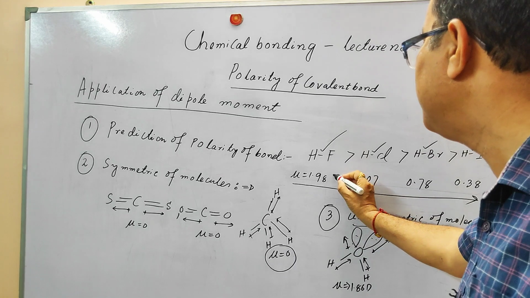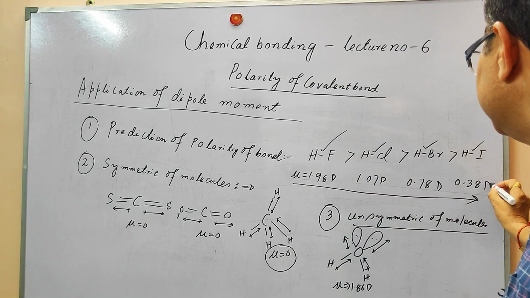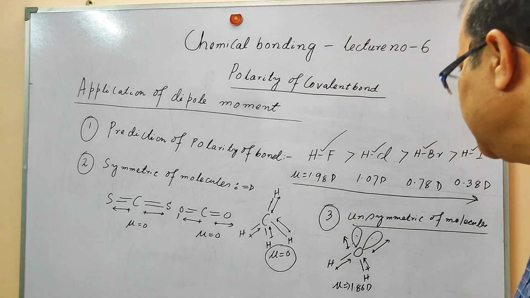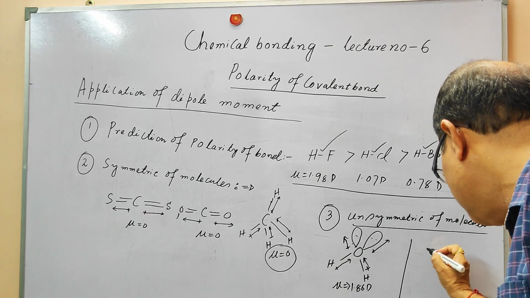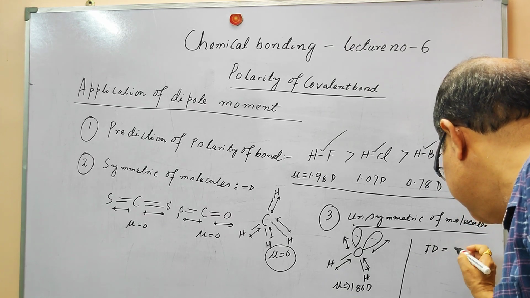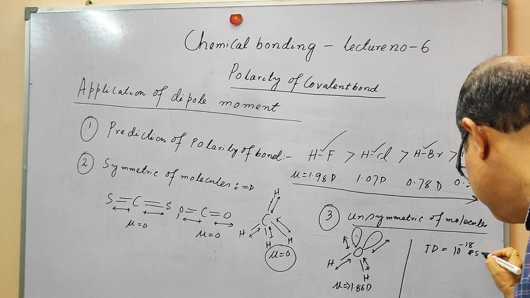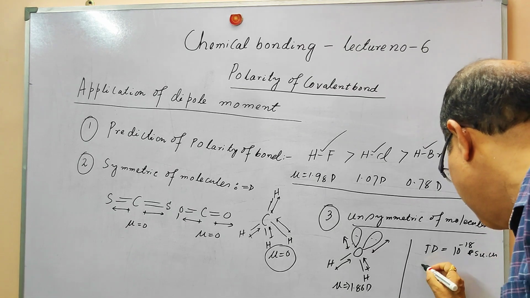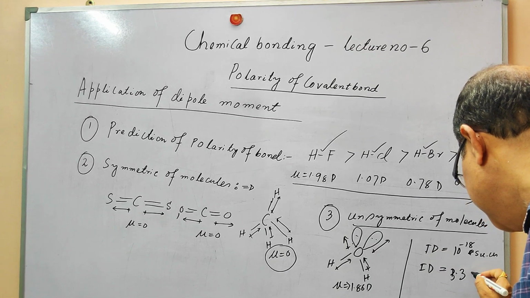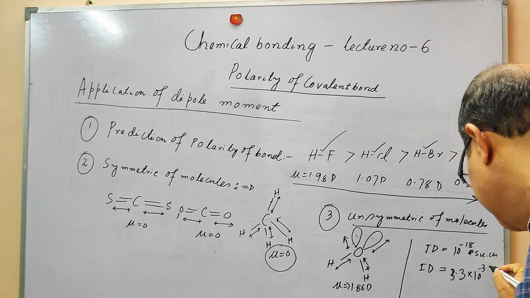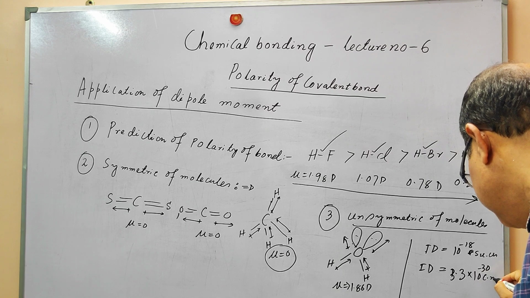When we talk about the dipole moment, we always have to give the units, that is Debye. Now, what is the unit? Let us understand. One Debye is 10 to the power minus 18 ESU centimeter, and in Coulombic terms it is 3.3 into 10 to the power minus 30 Coulomb meter.